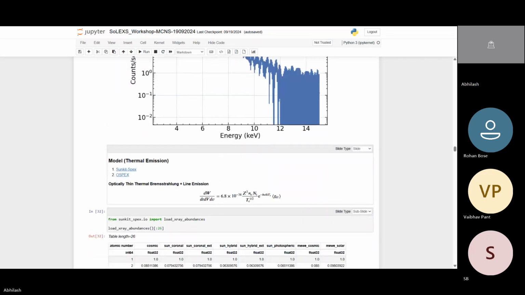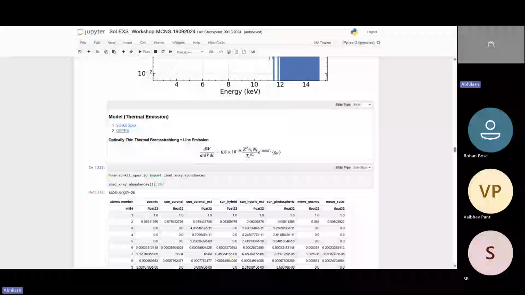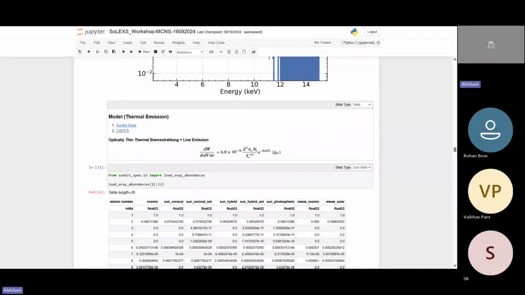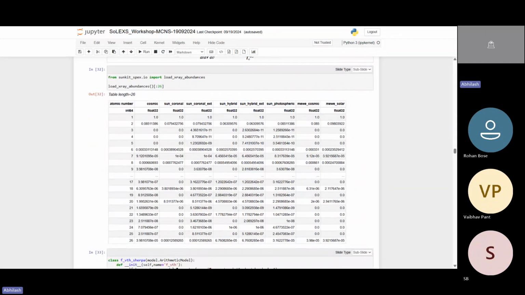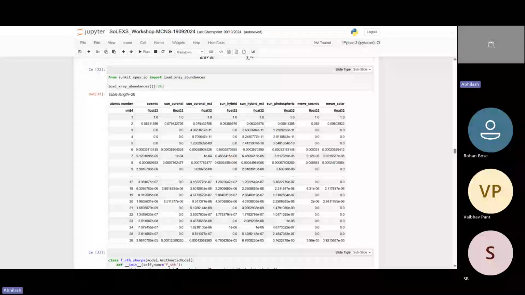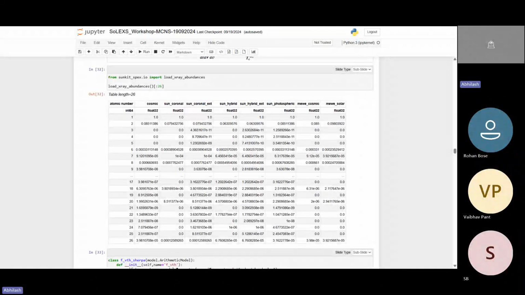This is exactly the thermal Bremsstrahlung equation that Manju ma'am told. And there are some databases of all the abundances that are available as well. You can see this table of abundances, a collection of all the observations that have been done till now, where people have estimated the abundances of different elements in the corona.